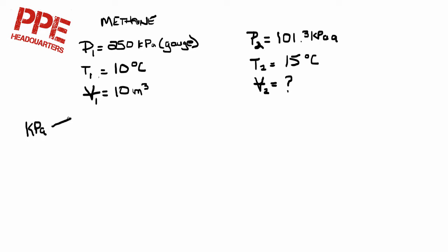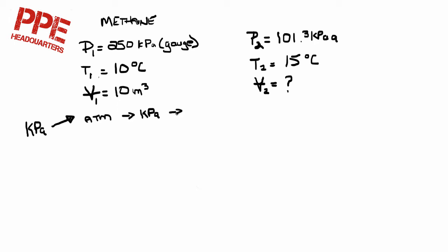Okay, so I just want to make sure you guys have this straight in your head. There's two kinds of pressure basically, two ways of describing pressure. Atmospheric: if they don't give you what it is, you by default assume it's atmospheric. So by default, if they don't tell you that it's gauge, you assume it's atmospheric.